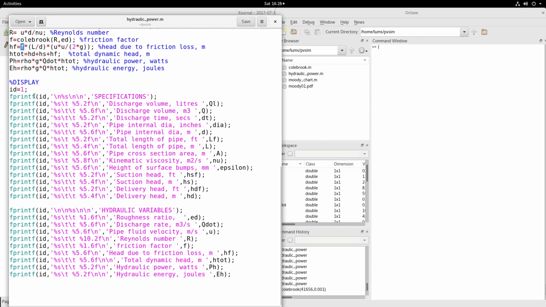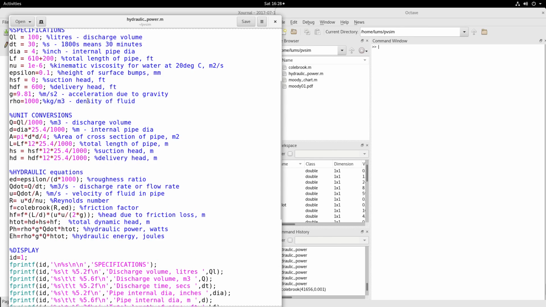So I have used fprintf, and first the specifications, all the variables related to specifications in the user units and the SI units. Both you can express so that you will be able to compare. And then the hydraulic variables like the roughness ratio, the discharge rate, all in SI units, pipe fluid velocity, Reynolds number, friction factor, head due to the friction losses, total dynamic head, hydraulic power and energy.